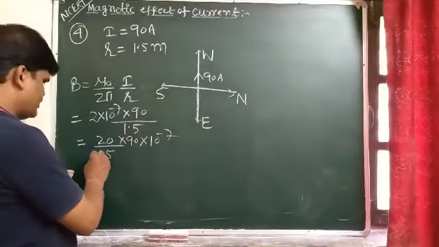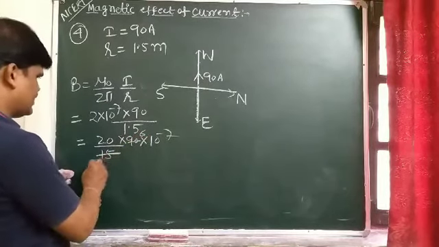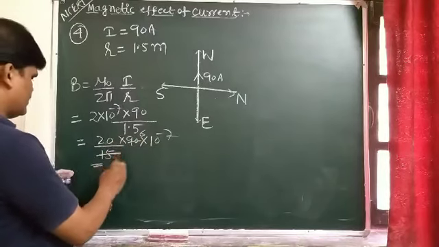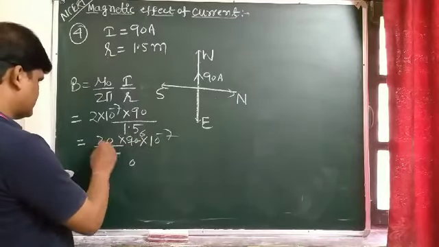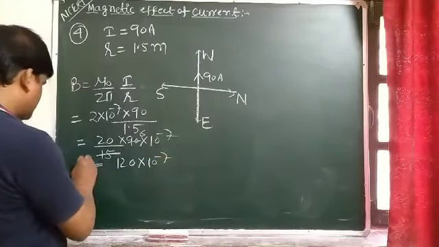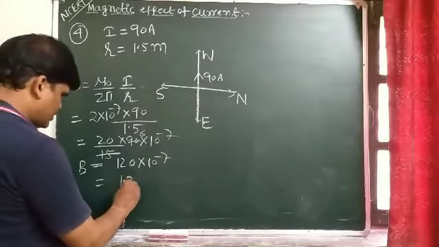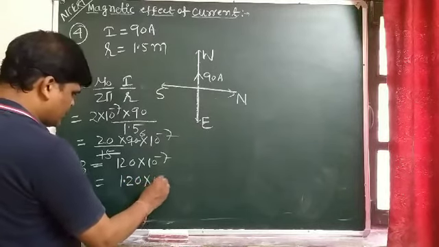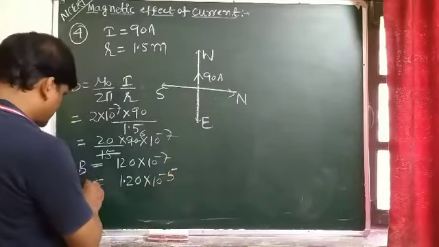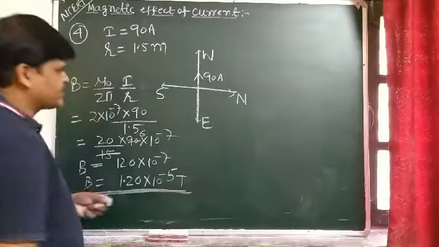Clear? 15 6s are 90, and 6 2s are 12 into 10 to the power minus 7. So B comes out to be 1.20 into 10 to the power minus 5 Tesla.